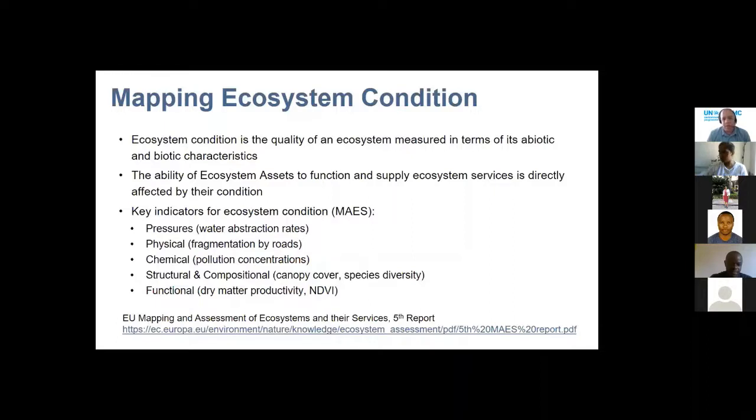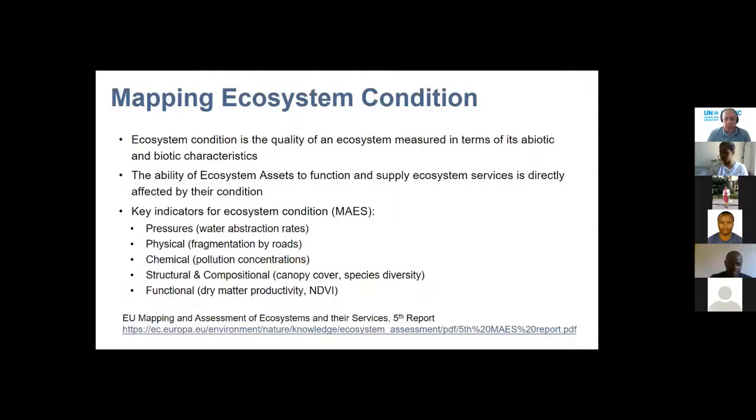So the idea of ecosystem condition measurement is to also understand that quality aspect. So we're interested in measuring condition really in terms of its abiotic and biotic characteristics. And the condition or the quality of an ecosystem asset reflects its ability to function and in turn supply ecosystem services.